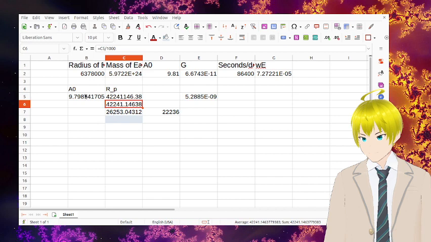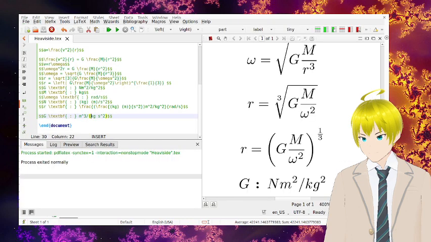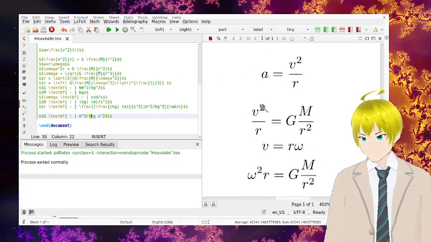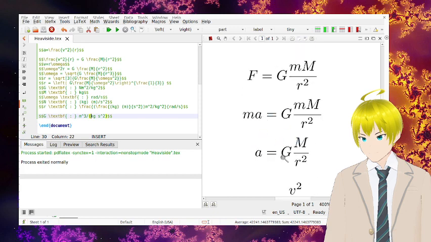Let's go to latex again. Our acceleration is this over here.